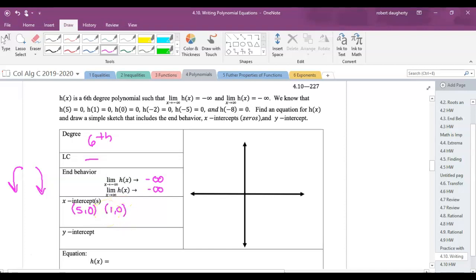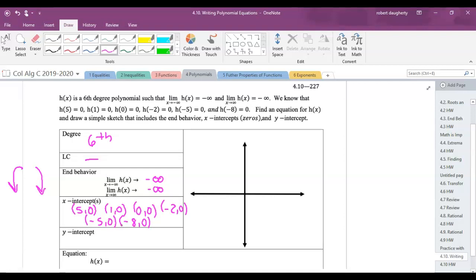If you plug in a 0, you get a 0. You plug in a negative 2, you get a 0. And you plug in a negative 5, you get a 0. And you plug in a negative 8, you get a 0. These are all the what? X-intercepts. If y is 0, then these are x-intercepts.